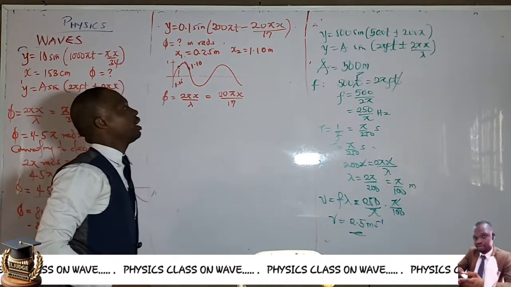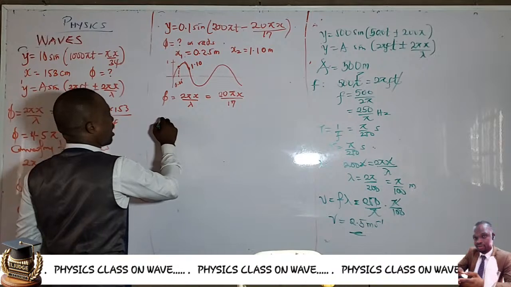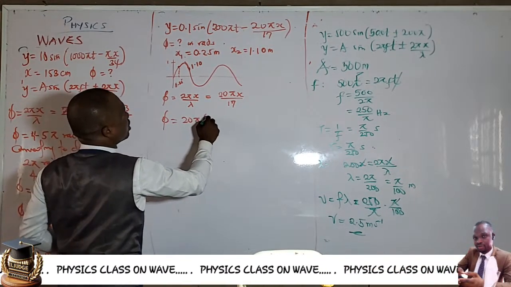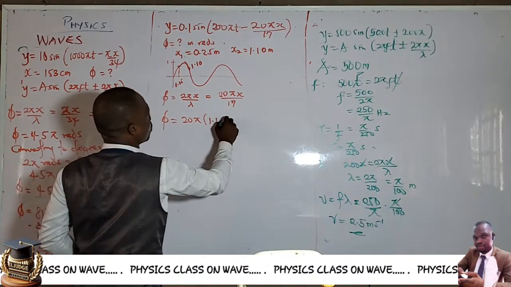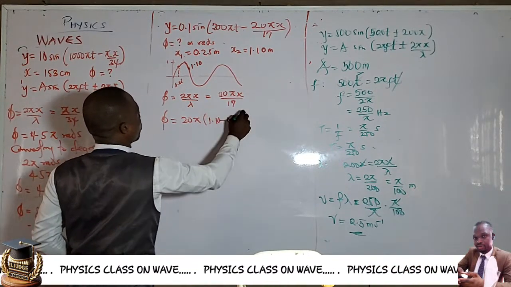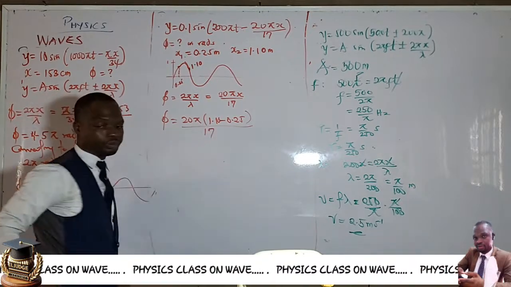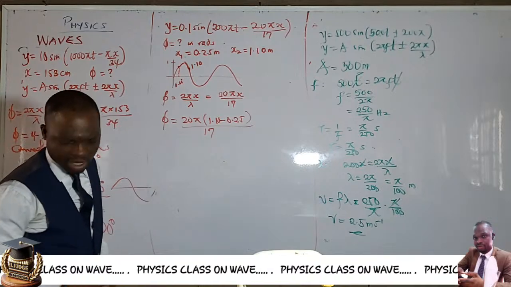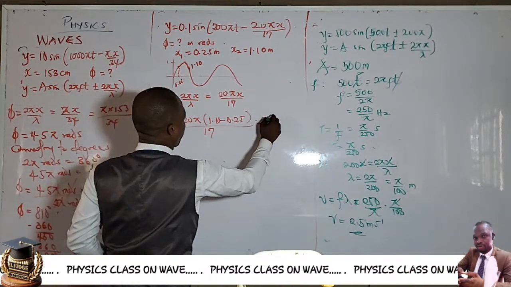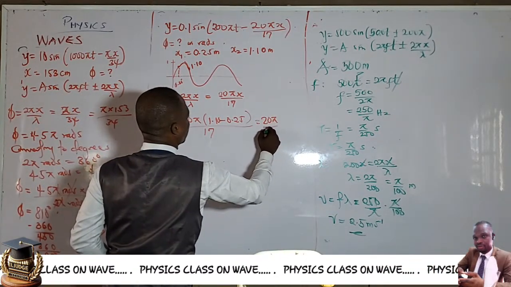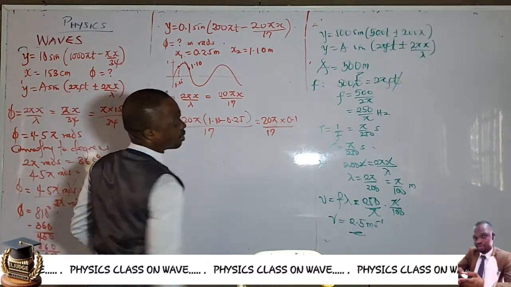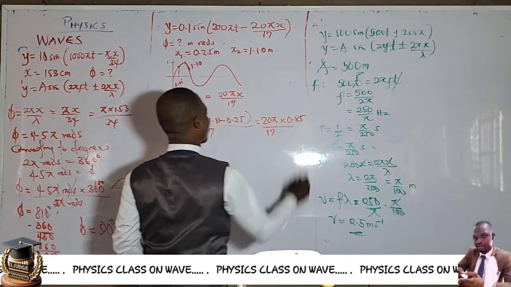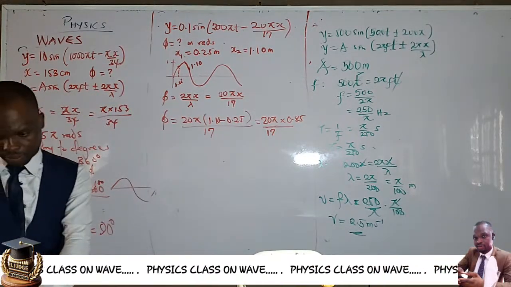So our x value is 1.10 minus 0.25. When you press your calculator, this gives us 20 pi over 17 times 0.85.